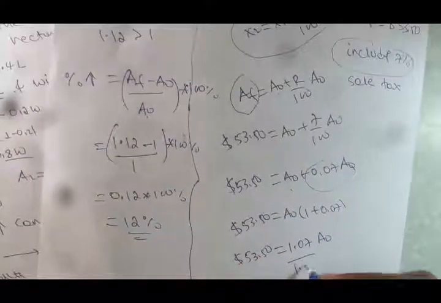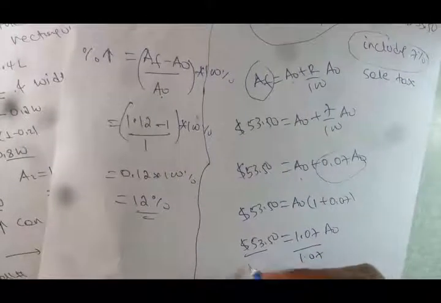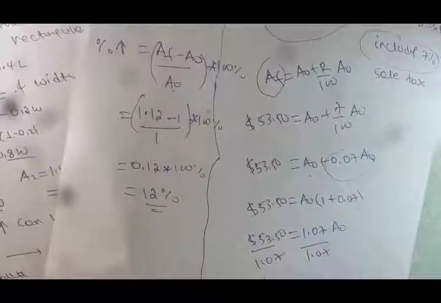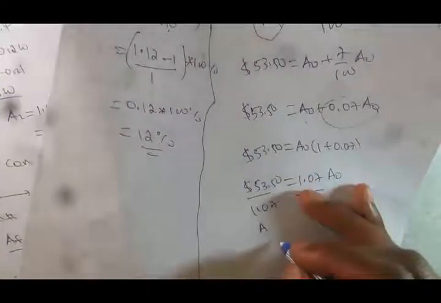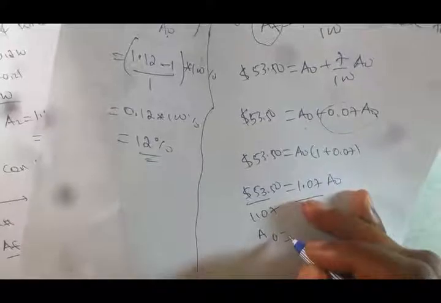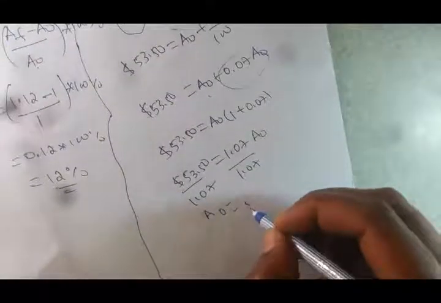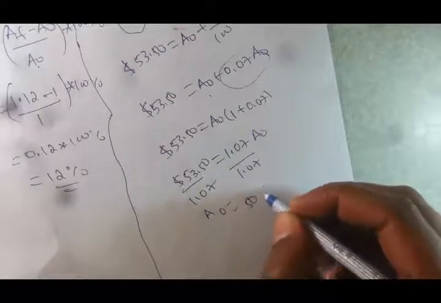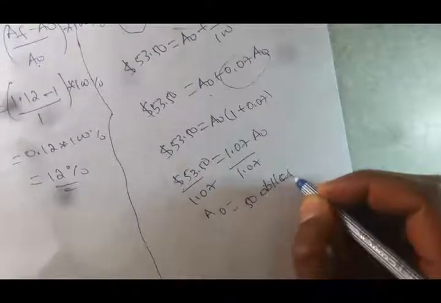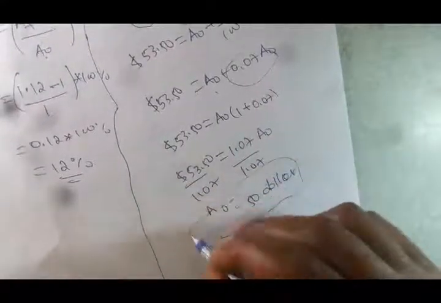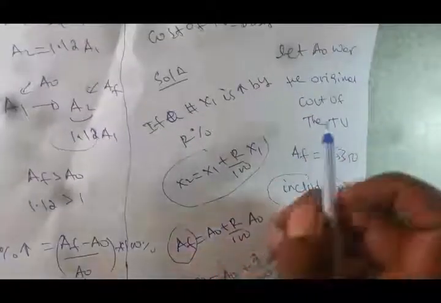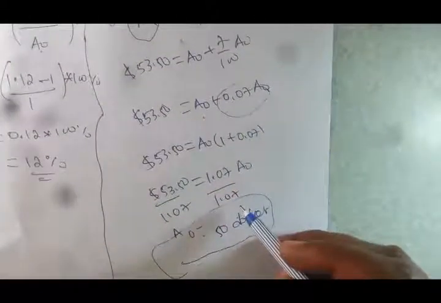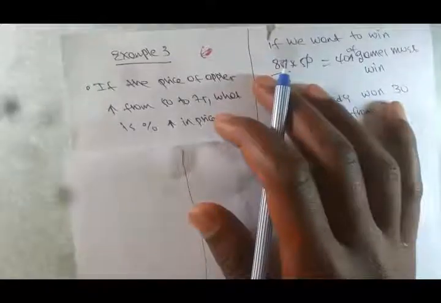When we divide by 1.07, A0 is equal to $50. And we already assumed that A0 is the initial value, the original cost, and we are asked to find the original cost. The original cost will be $50.